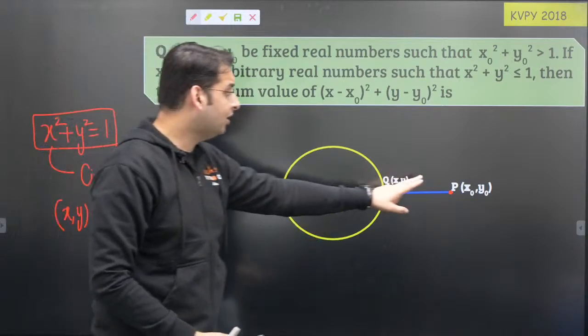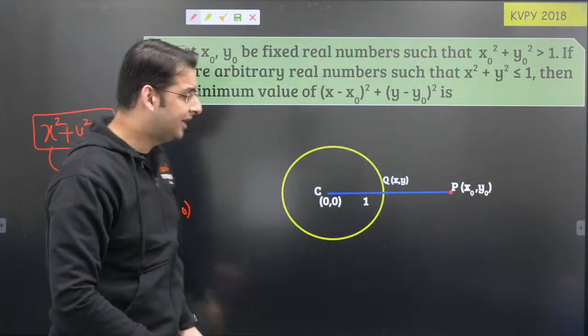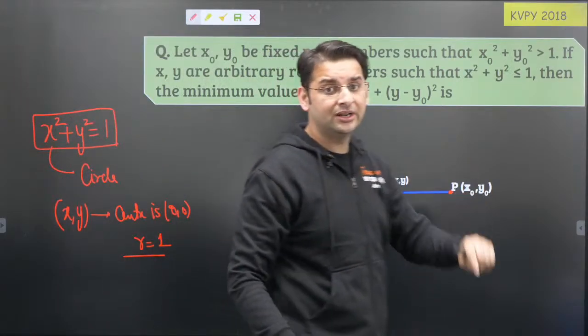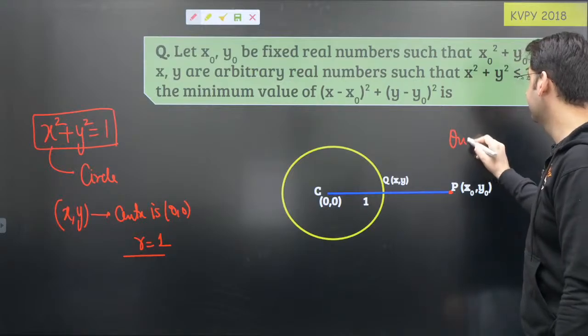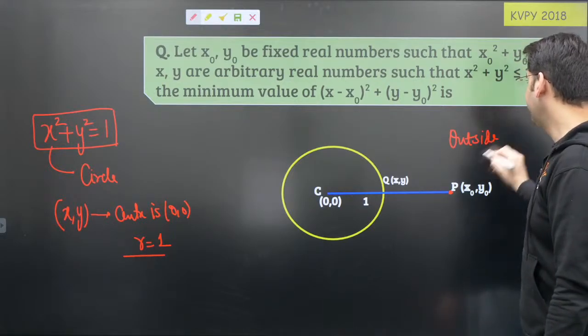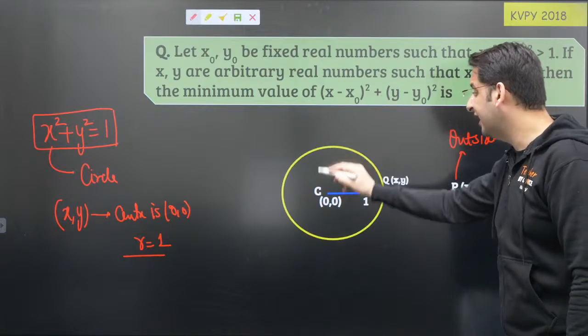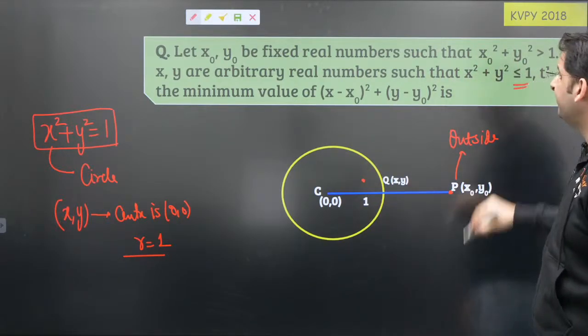X0 and Y0 is a point such that X0 square plus Y0 square is greater than 1. So if 1 is the circle, then greater than 1 means X0, Y0 lies outside the circle. So point P lies outside the circle, and point Q is any point which lies on the circle or inside the circle, because it is less than or equal to 1.